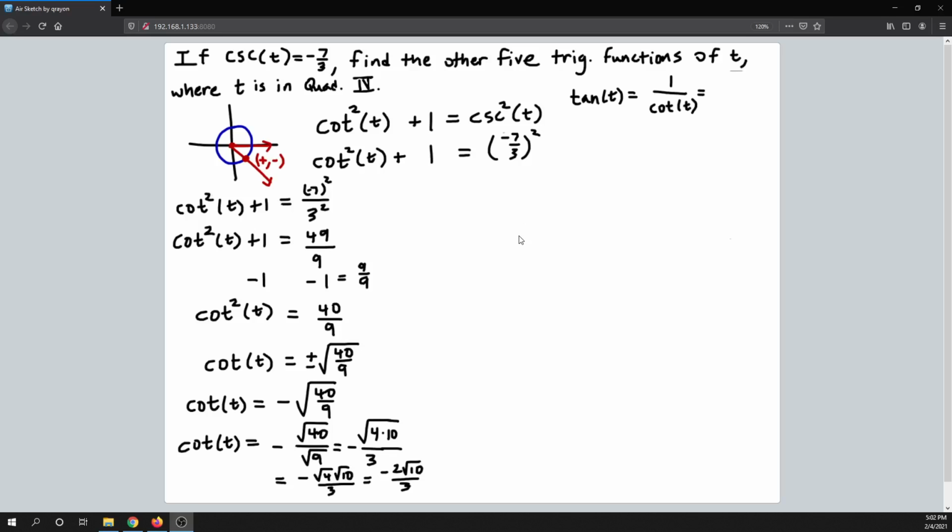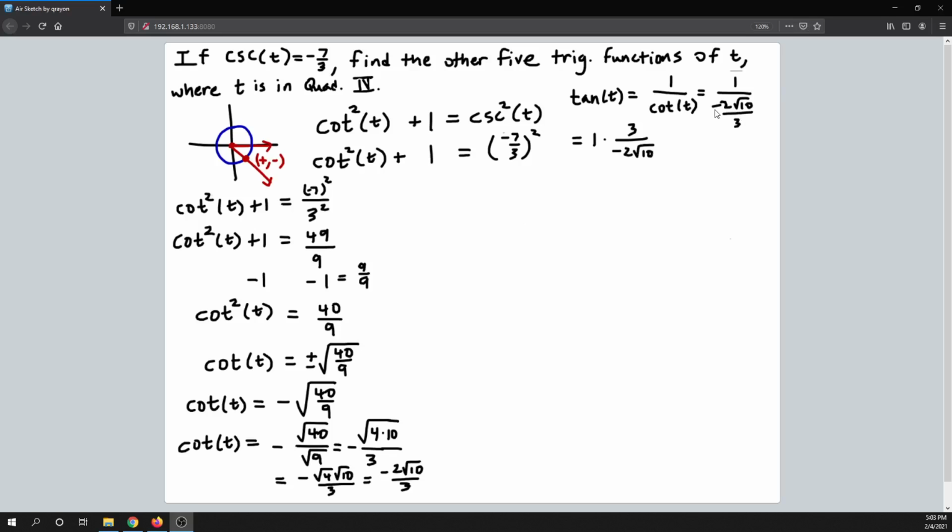It's also sine over cosine, but in this case, we know the cotangent. So this is going to be 1 over minus 2 square roots of 10 all over 3. I'm dividing 1 by this fraction here, and dividing by a fraction is the same as multiplying by the reciprocal.